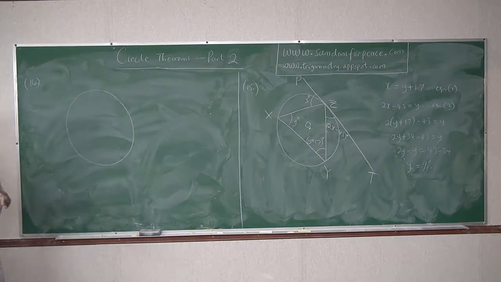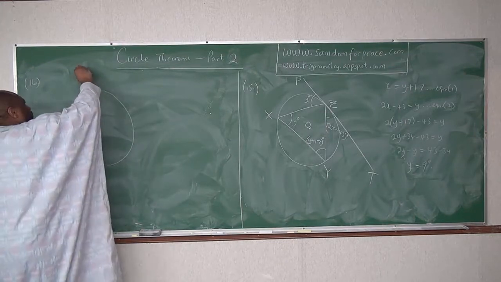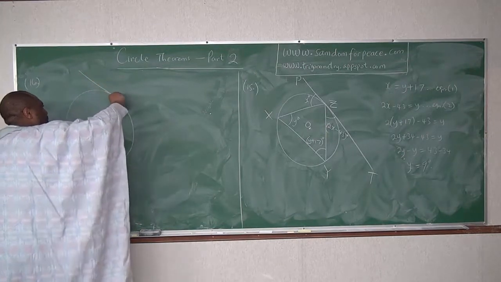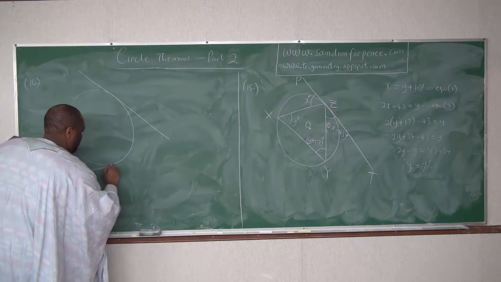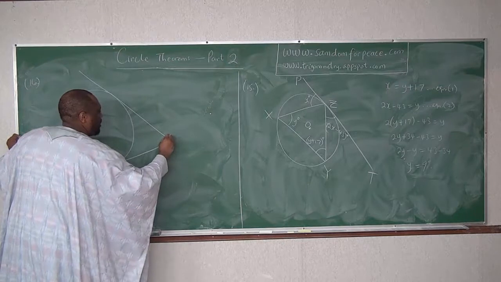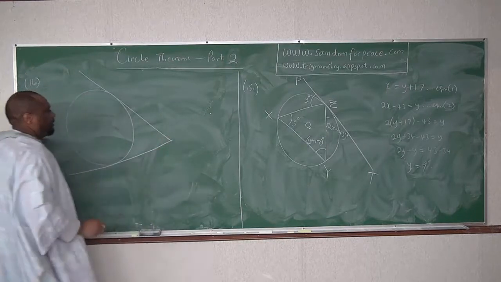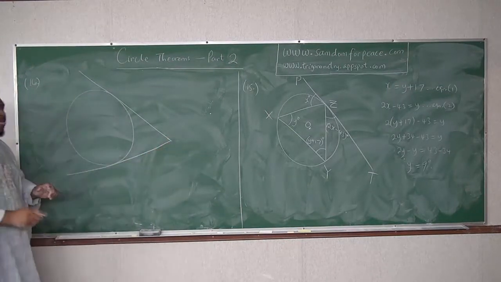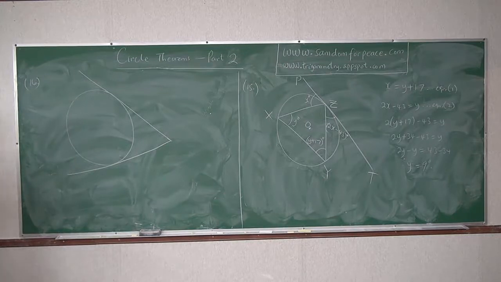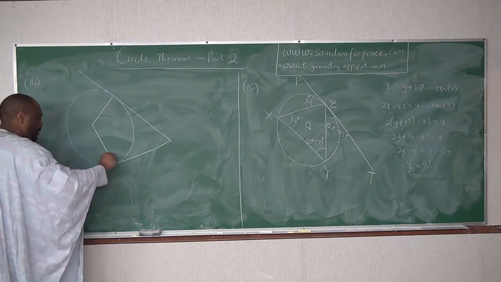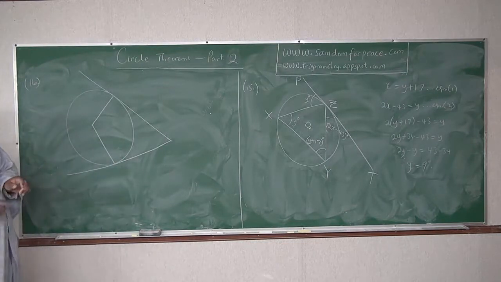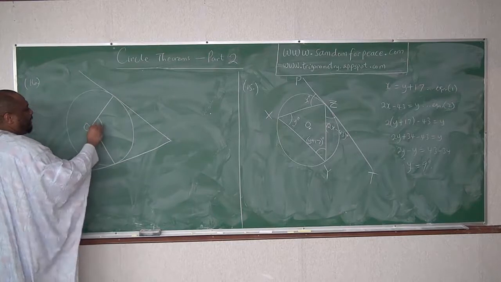So you have this. We have two tangents. We have center O. We have X here.